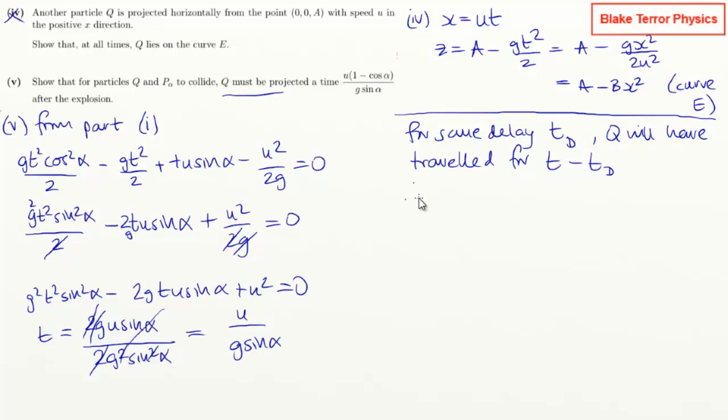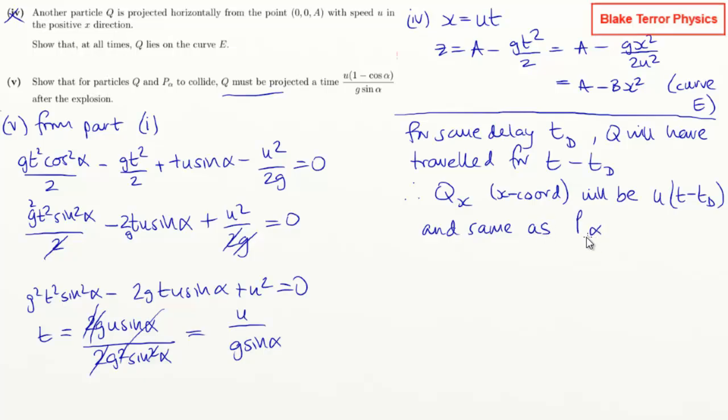So the Q x coordinate will be the same as P, it's also going to be u times t minus td, and same as P, because otherwise they won't be colliding.